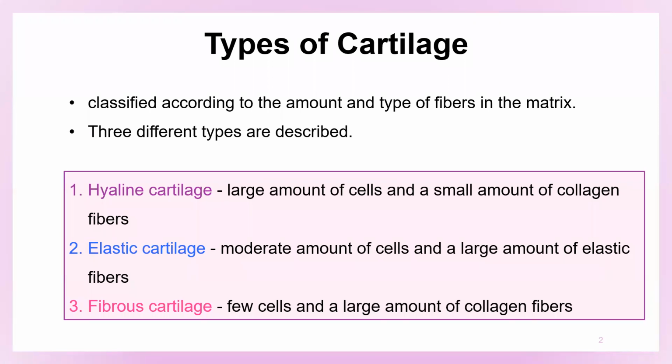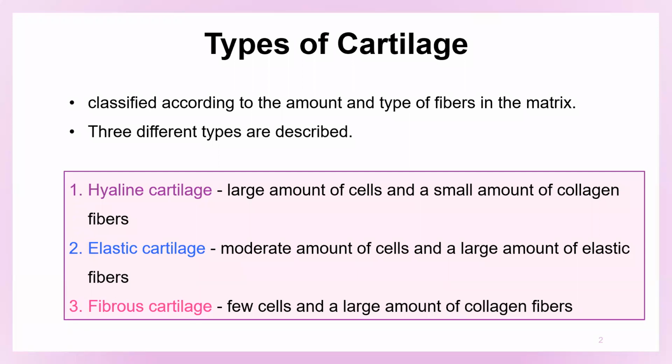We classify cartilages according to the amount and type of fibers that are found in the matrix of each of the cartilages. Accordingly, we divide them into three types: hyaline, elastic, and fibrous. Hyaline cartilage has a large amount of cells and a small amount of collagen fibers, while elastic cartilage has a moderate amount of cells and a large amount of elastic fibers.